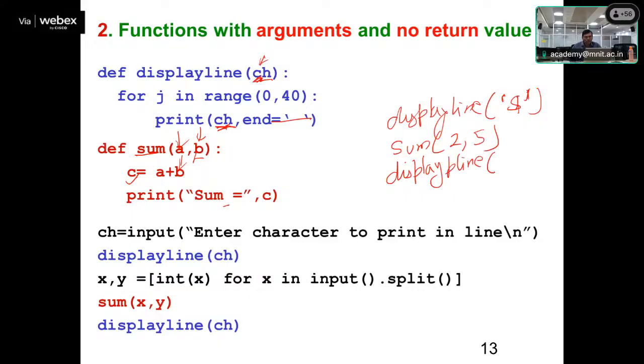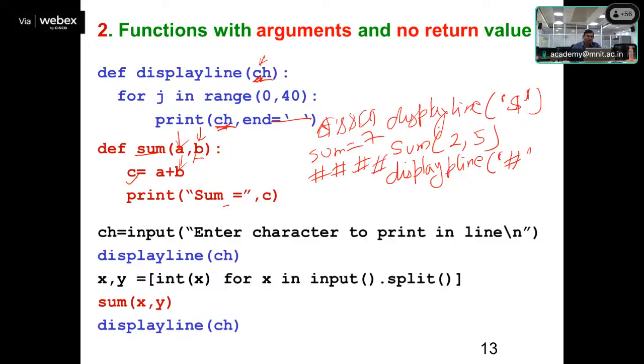There is no issue in creating a line with a different symbol. So now here we are making the symbol to be hash. The first line is coming as $, and we are getting some value, 5 plus 2 is 7. Then we are getting a line with the hash.